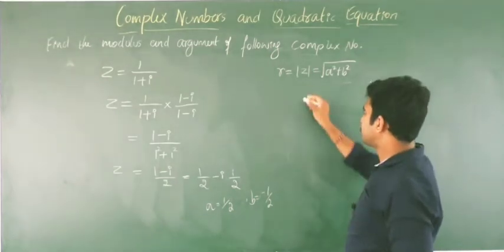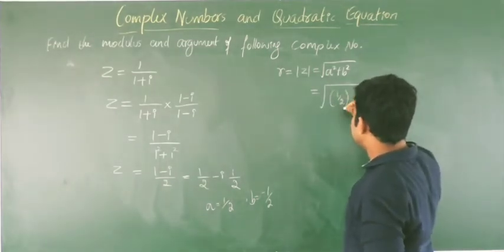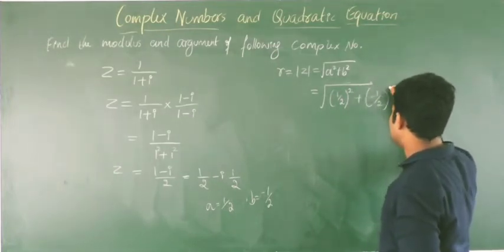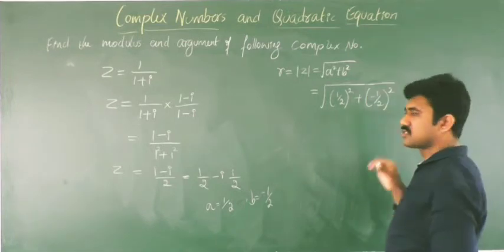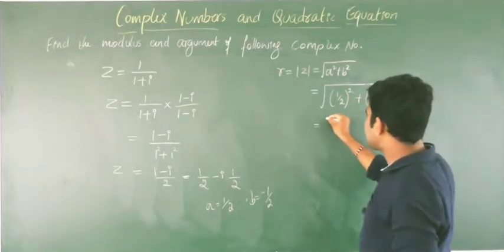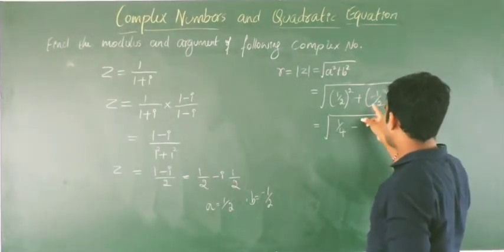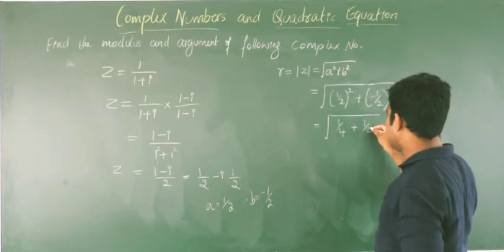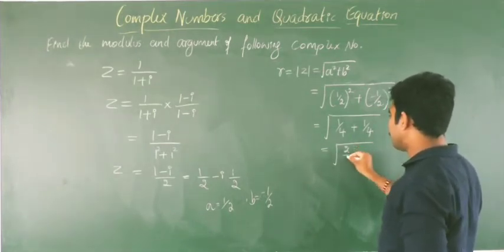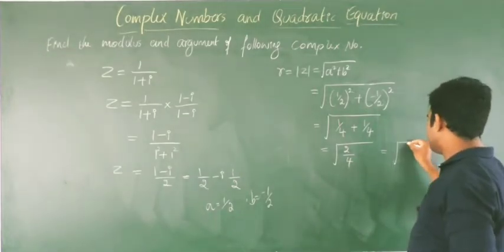So substitute here, we get square root of 1 by 2 square plus minus 1 by 2 square, which is 1 by 4 plus again 1 by 4, which is 2 times 1 by 4 or 2 by 4, which is 1 by 2.